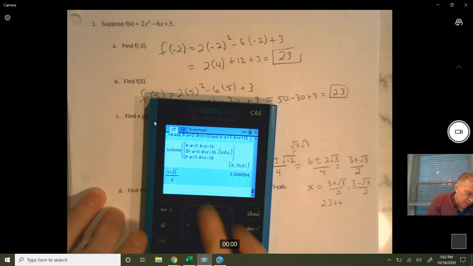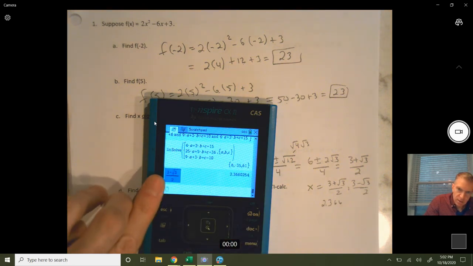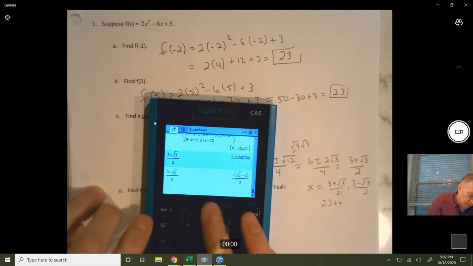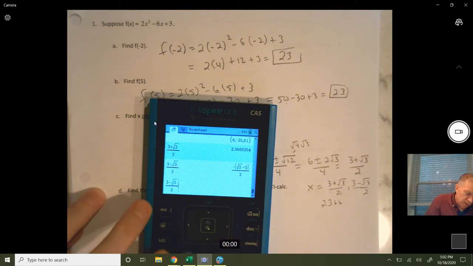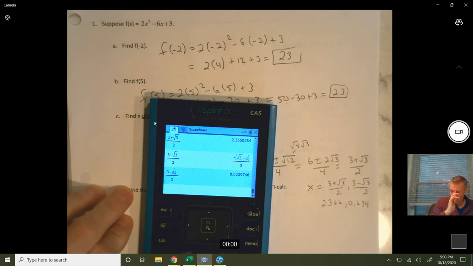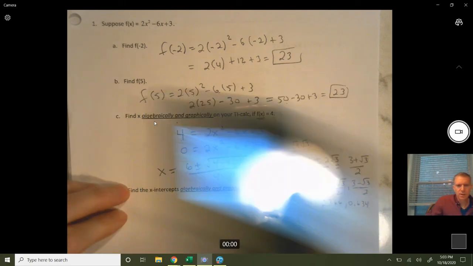And then we can arrow up, highlight it, hit enter. And now I can just change that to a 3 minus rad 3 over 2. Oops, I forgot to do control divide to get a decimal. 0.634.